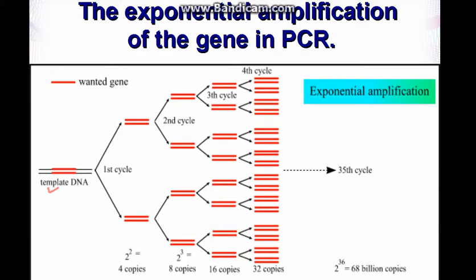So in the first cycle, we can see multiple copies are being prepared in various cycles, and how we will calculate how many copies will be formed after how many cycles is by a simple formula, that is 2 raised to the power of n, where n is the number of cycles. Like in the fourth cycle we can calculate 2 to the power 4, that is 16 copies. This is how exponential amplification of the gene takes place in PCR, and we can get the amount of DNA we require to study.